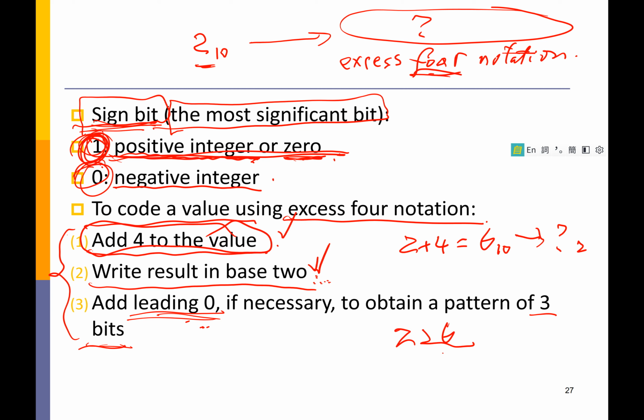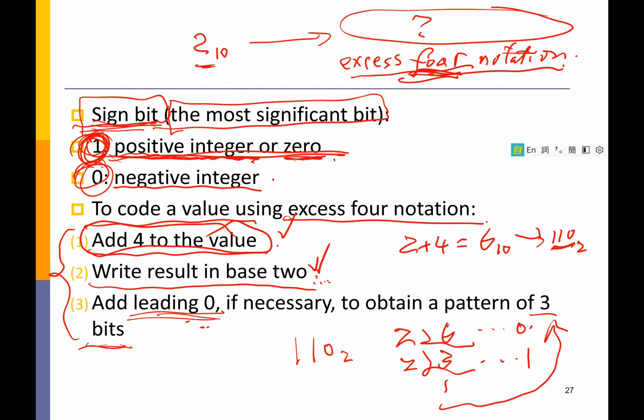Divided by 2, you get 3, the remainder is 0. Divided by 2, you get 1, the remainder is 1. So reading in reverse order, you get 1, 1, 0, which is base 2. So the question mark here is 1, 1, 0. And how many digits did you get? You got 3 digits, which is fine, because in SS4 notation you are dealing with 3 bits.